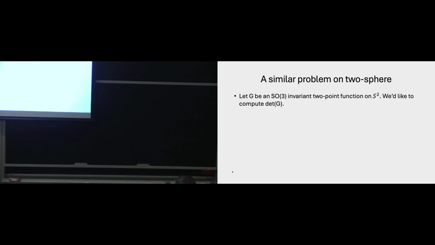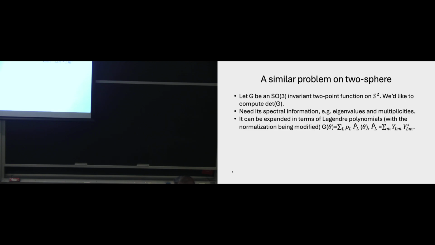Let's say that if we ask this problem on a sphere, for example on the two sphere, it's easy, right? So we're given an SO(3) invariant two-point function G, how to compute its functional determinant? We need its spectral information like the eigenvalues and the multiplicities. It's easy on the sphere because we know that it can be expanded into Legendre polynomials.